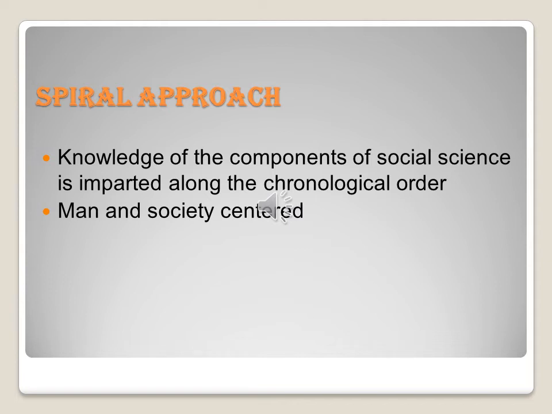We saw that the concentric approach does not give importance to chronological order, but the spiral approach always has a chronological order based curriculum, and it basically revolves around man and society. So man's history and his social life is centered around this spiral approach.